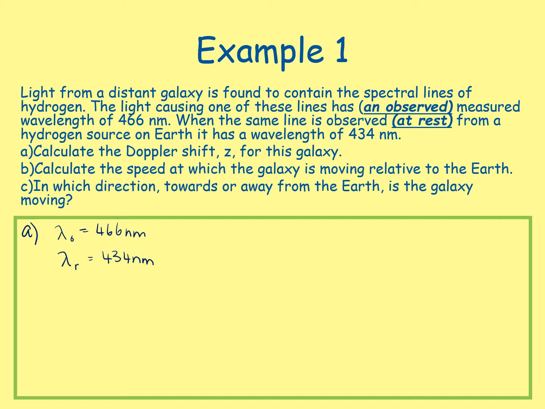So let's put this into our equation. We've got Z equals lambda O minus lambda R over lambda R. So that's 466 minus 434 over 434. This gives us an answer of 0.074.